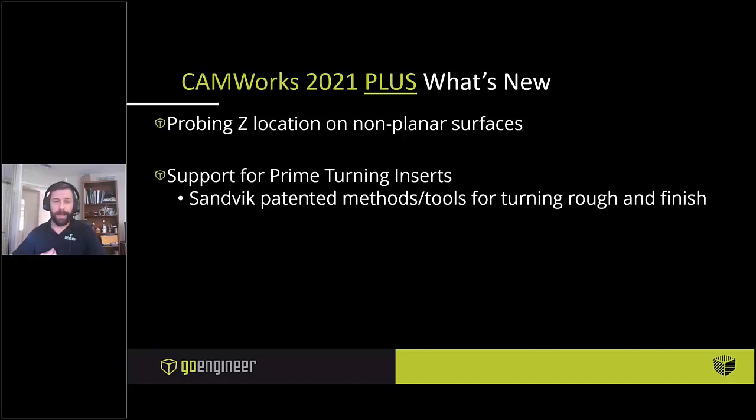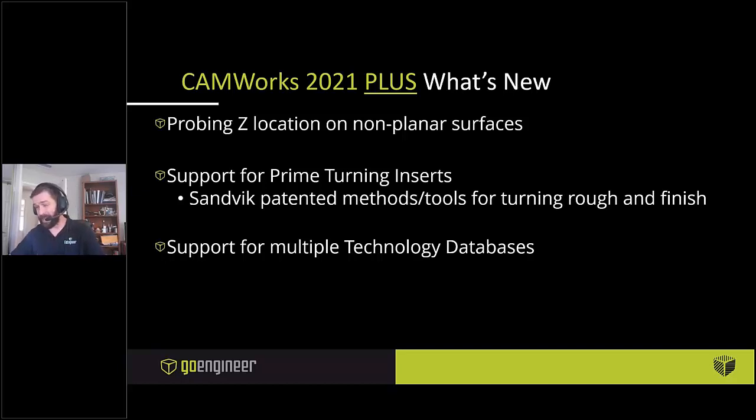Sandvik has come out with a new series called Prime Turning Inserts. It's a patented method of not just tool design, but of toolpath laydown. How is that newly designed turn insert, how are you going to get the most out of it? Well, obviously the manufacturer, Sandvik, knows that. They've done lots of testing and introduced a new programming style for turn roughing and finishing using those inserts.